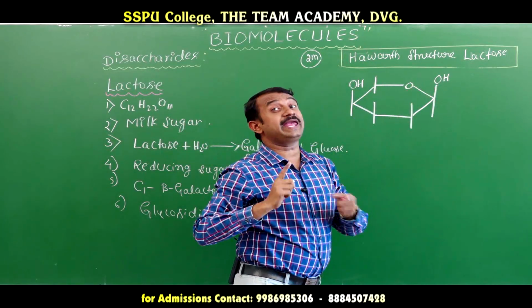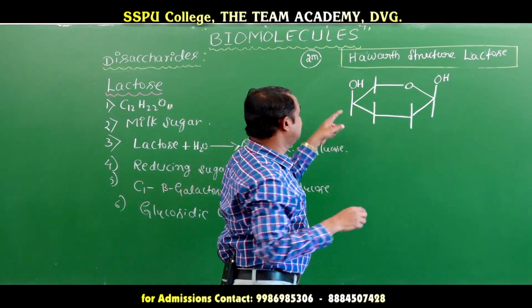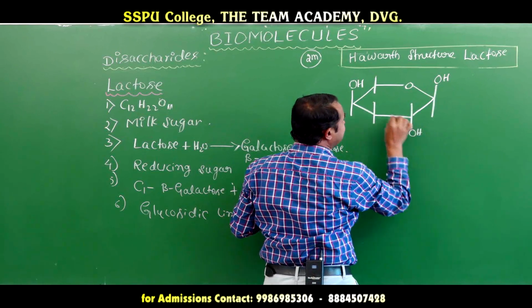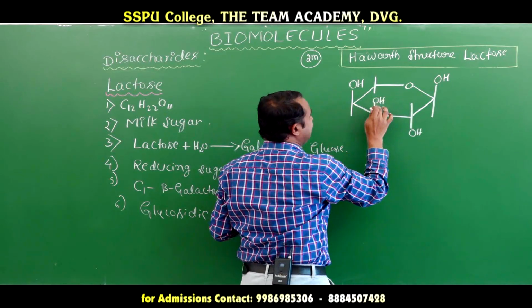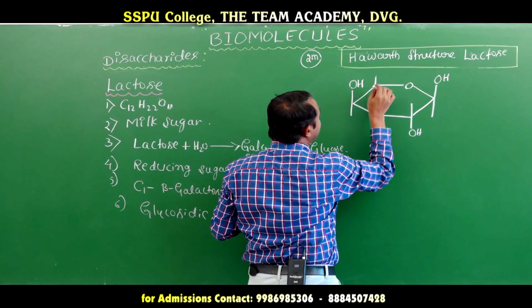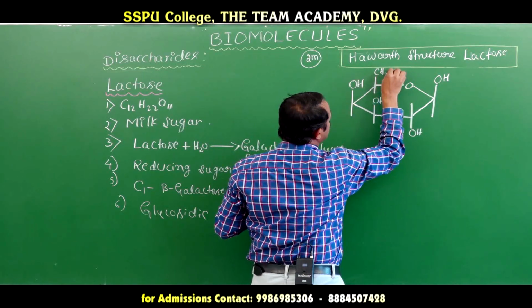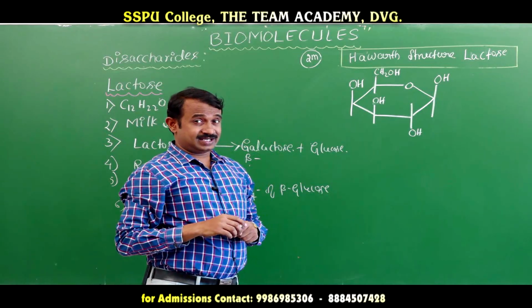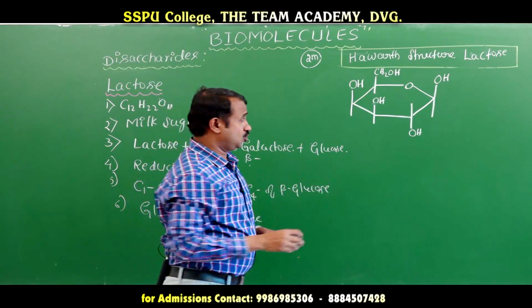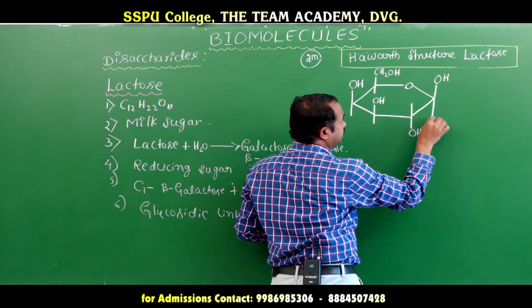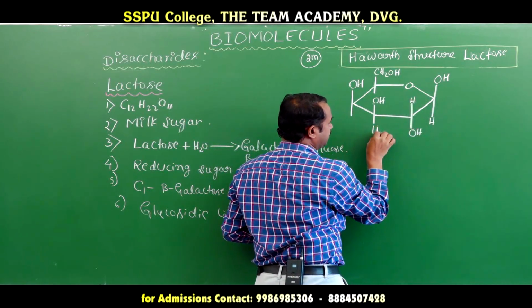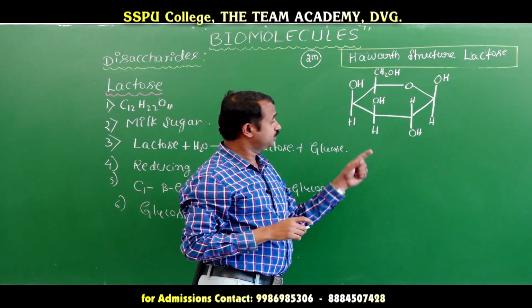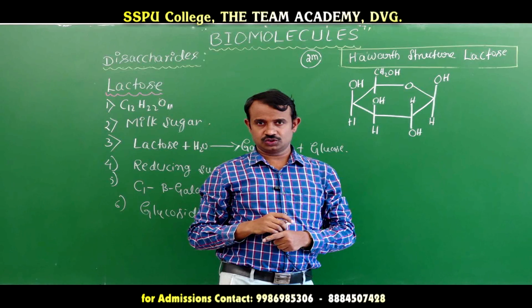It is an epimer. One is outside, another one is inside, and the last carbon is CH2OH. This is beta galactose, with opposite all hydrogen H. This is the structure of beta galactose.